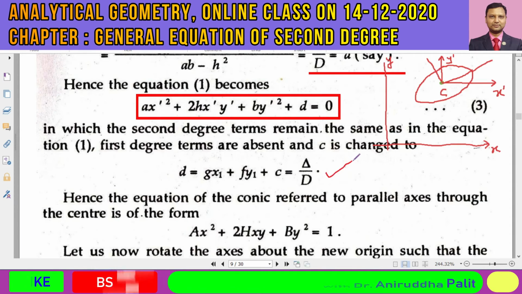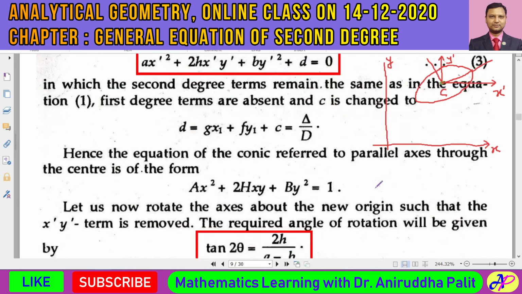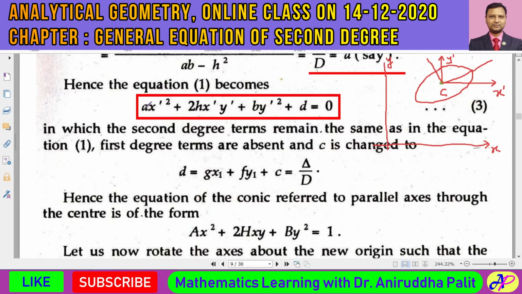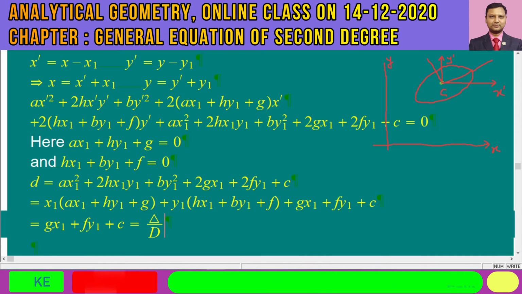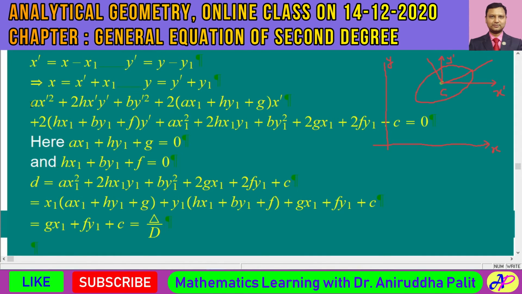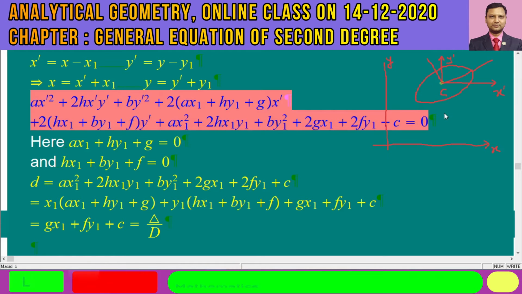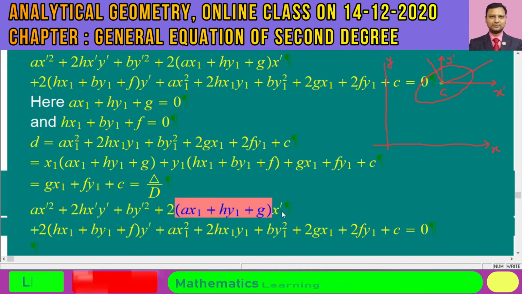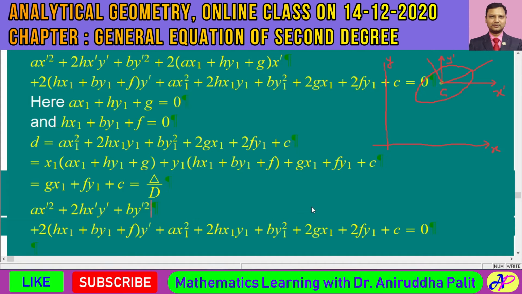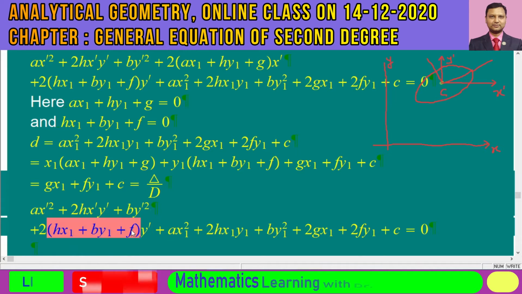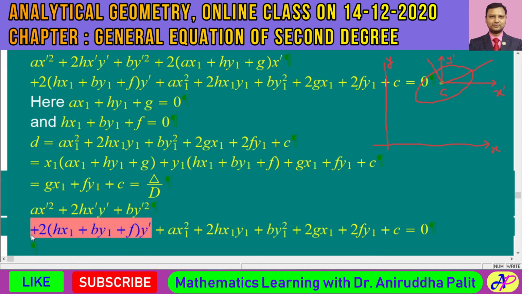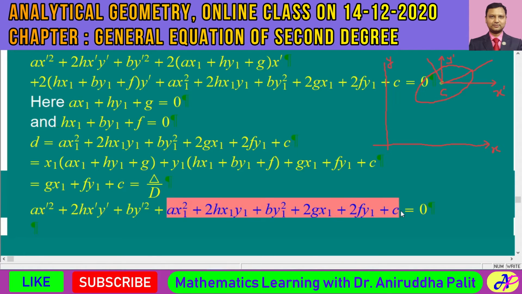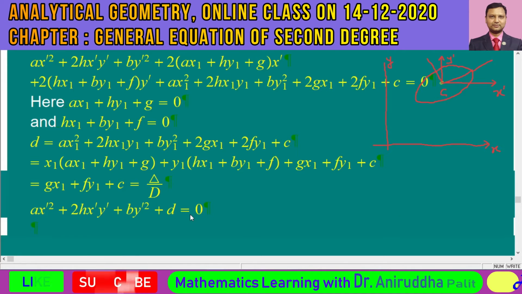So d can be represented as delta by capital D, and now we observe that this general equation of second degree can be written in this fashion: this much expression is equal to 0, so this term vanished, forget about it. Again this much expression is equal to 0, this term again vanished, and this term becomes equal to small d.